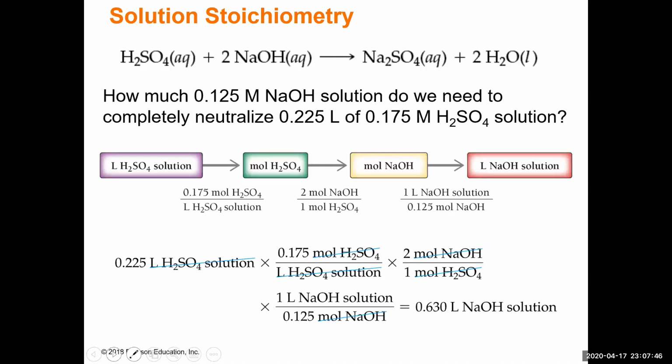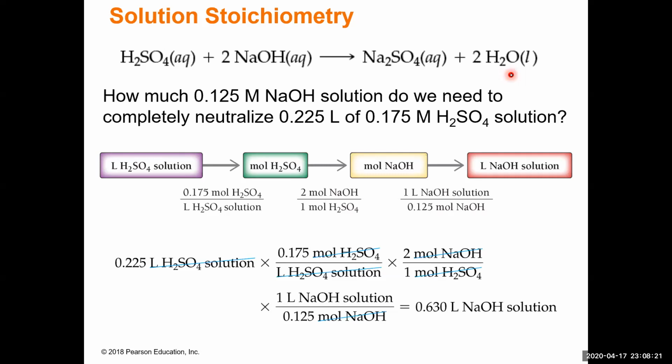So let's look at an example problem that uses this idea of solving for the volume of one of the components. So our balanced equation is H2SO4 reacts with 2 sodium hydroxides and forms sodium sulfate plus 2 waters.